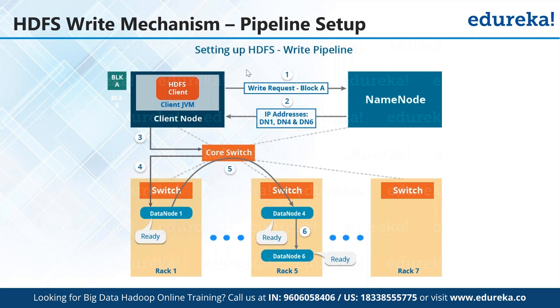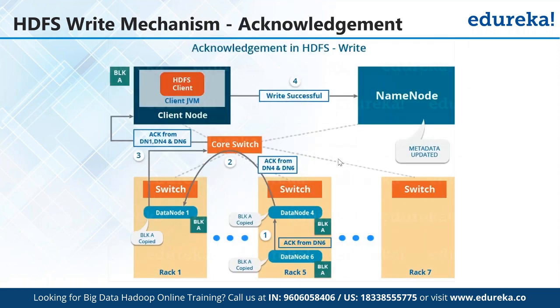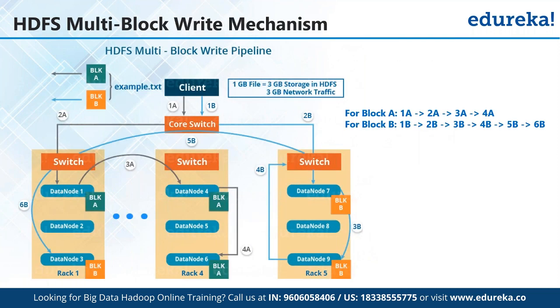This is the networking topology part. The core switch has complete information about all the switches configured there, and based on the request made, it switches the traffic to the specific switch. So you have the parallel writes, and then internally replication happens, like you see here.